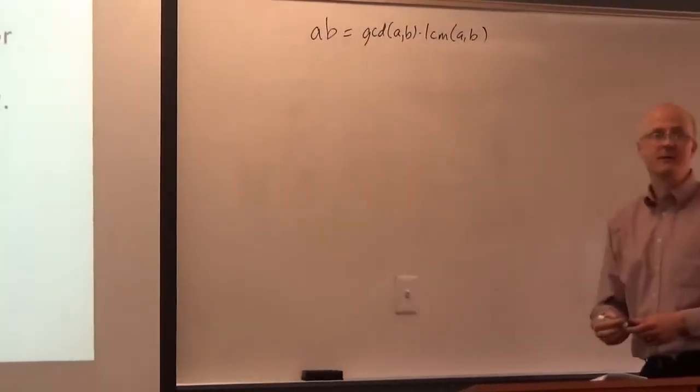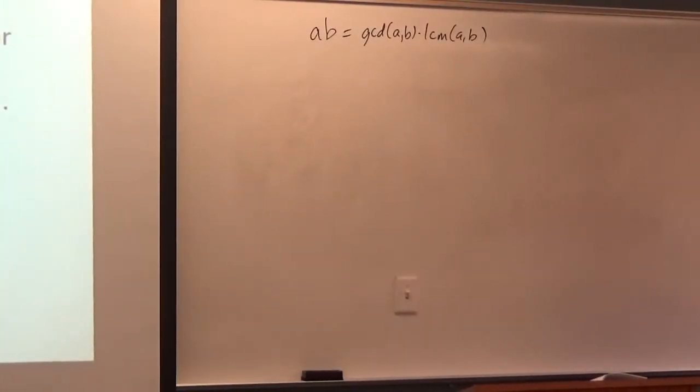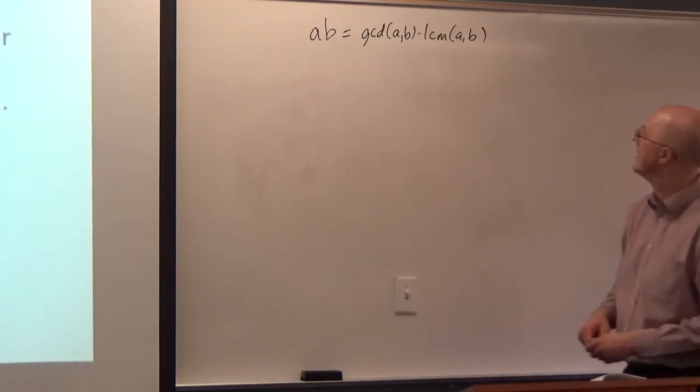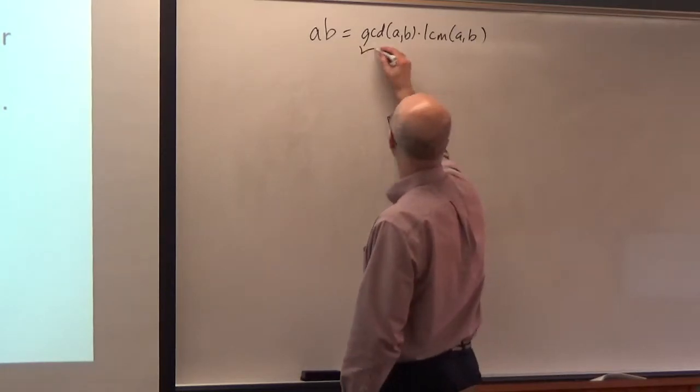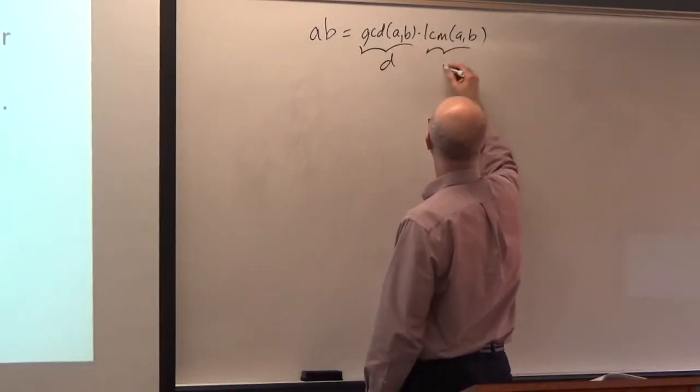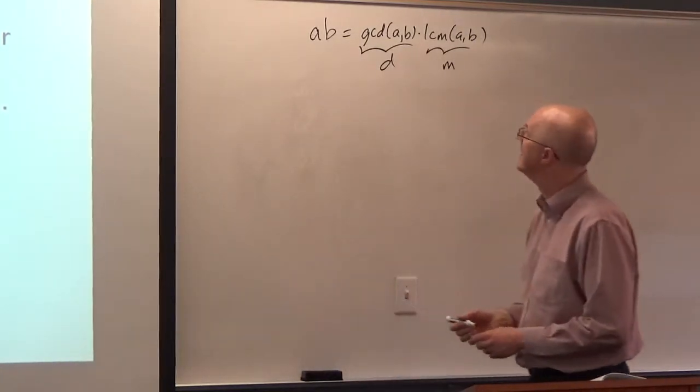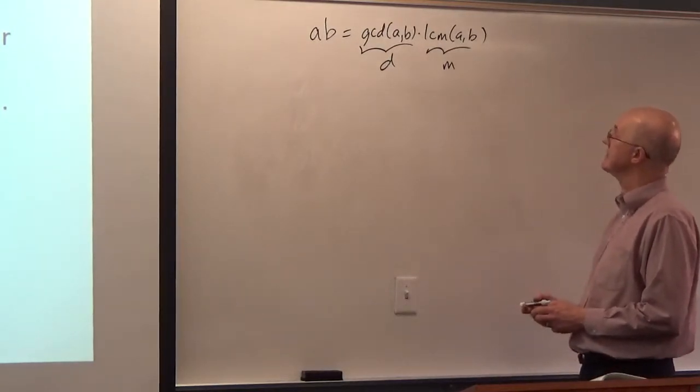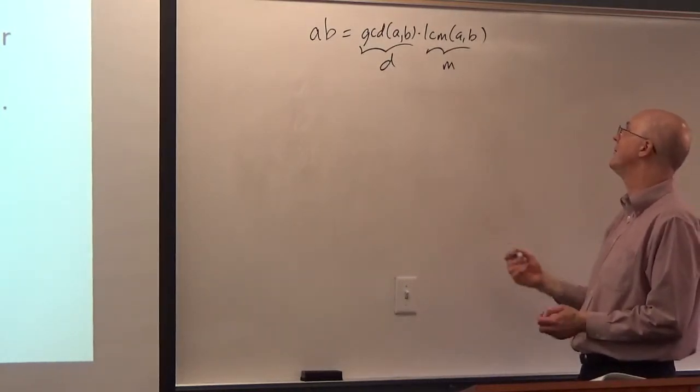If you look in the back of the book, they prove that using prime factorization, which is fine. But you also can use the GCD as a linear combination theorem. Let's call the GCD D for divisor and call the LCM M for multiple.